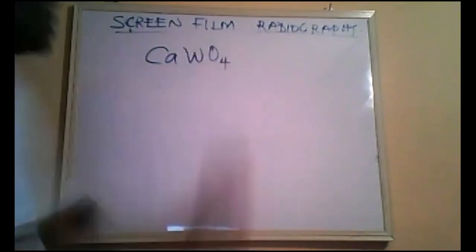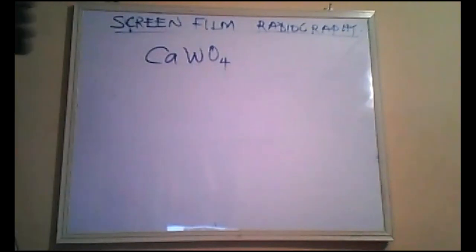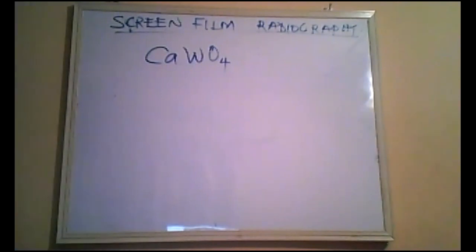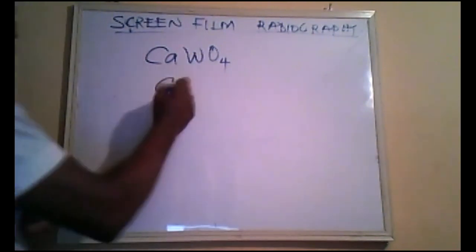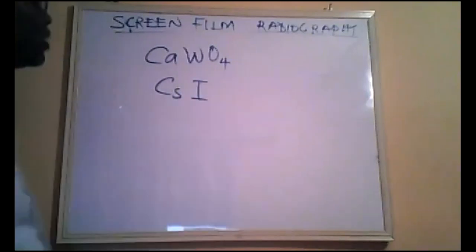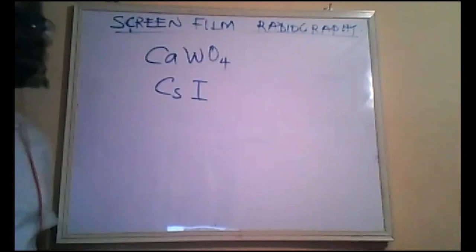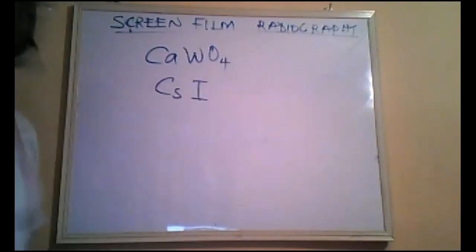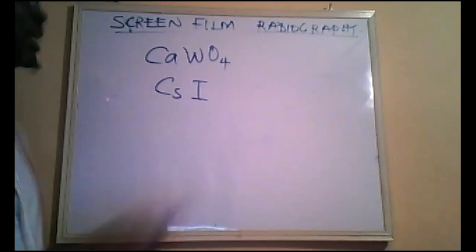Okay. Calcium tungstate has been in use for a very long time until other materials came into the foray. In fact, today we don't make use of calcium tungstate again, but we make use of so many rare earth elements.